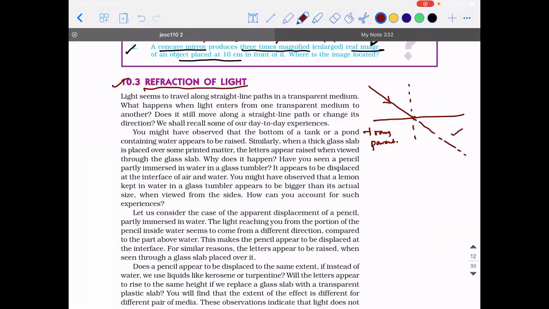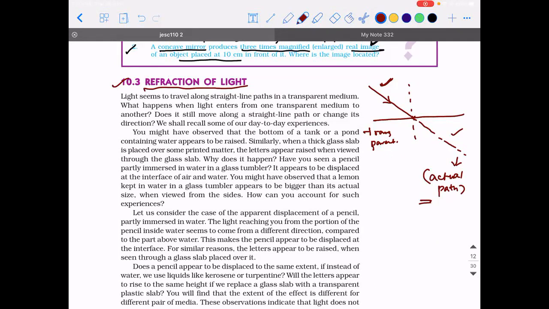Okay, what do I mean by it will get deviated? Means there will be a slight bending of light that is going to take place. Means if I take this as the incident ray, then this will be the actual path in which the light rays are going to travel.